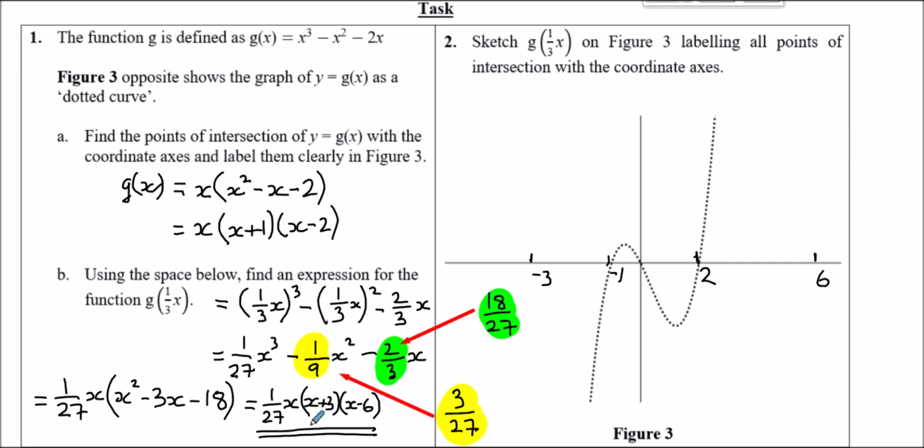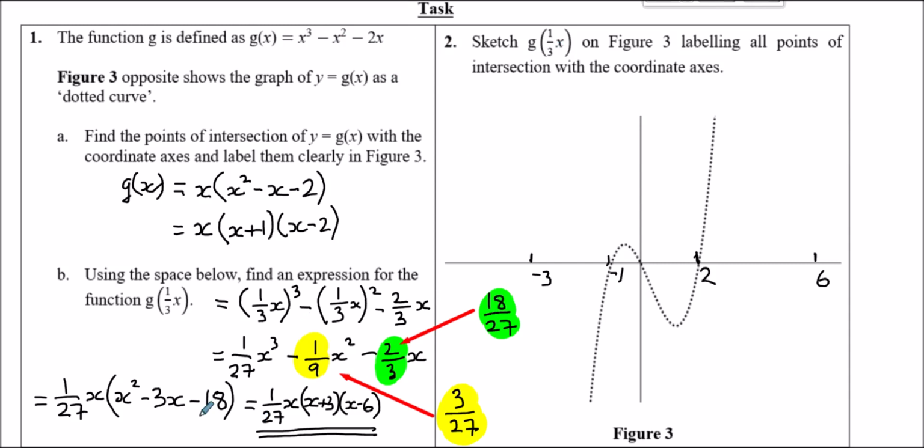The only stretch is in the x direction. These x roots have been multiplied by 3. And so this g of a third of x is actually just the same as this thing here, but just stretched out 3 times.